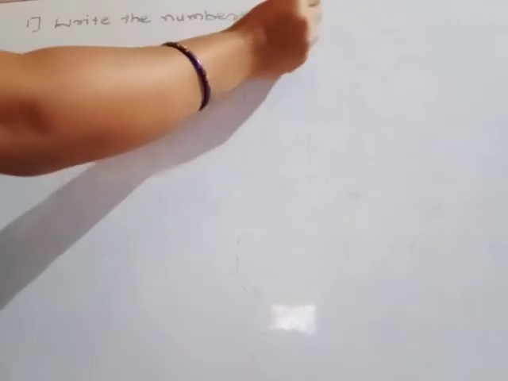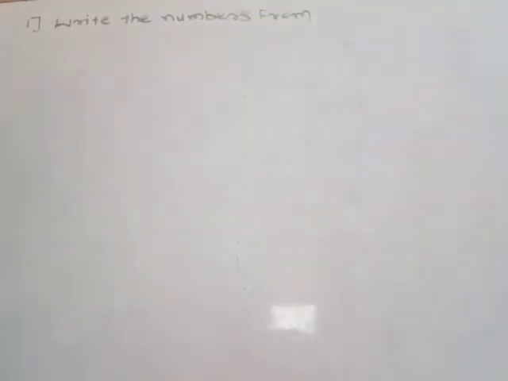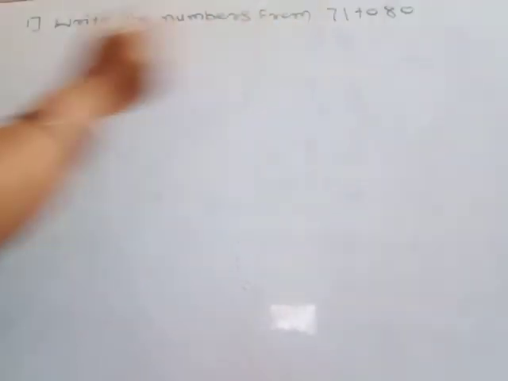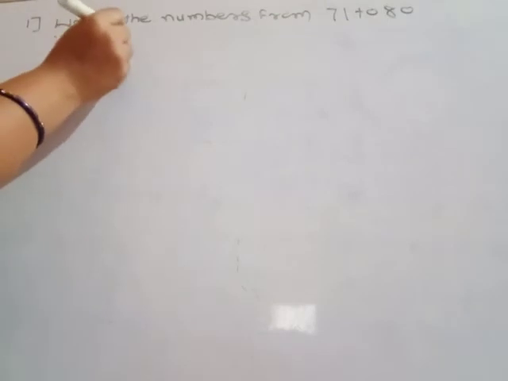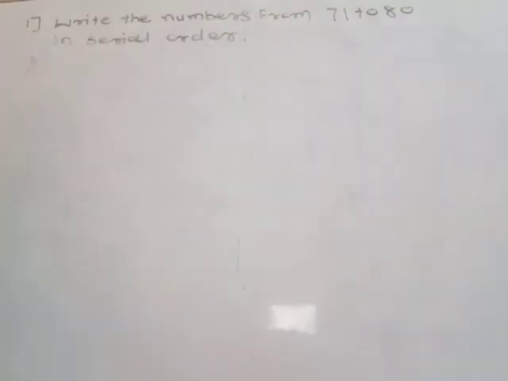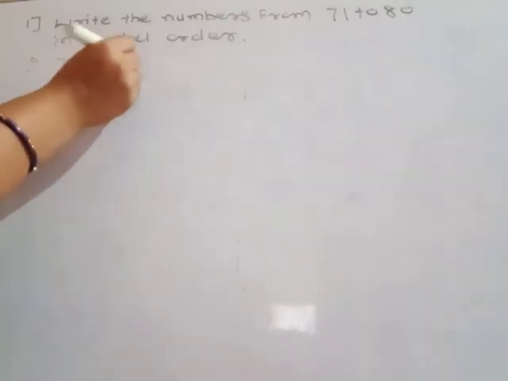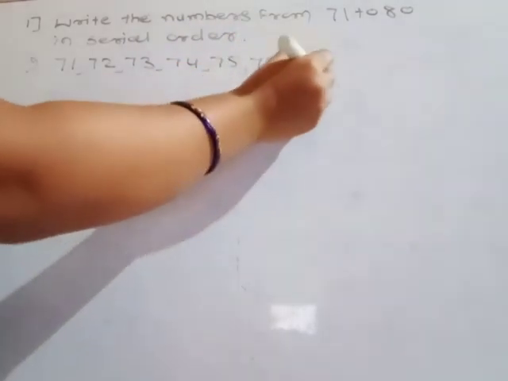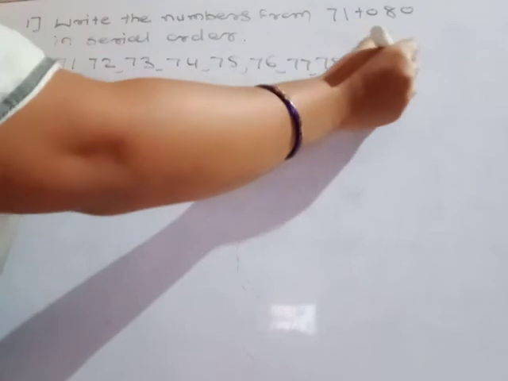In serial order means write all these numbers sequentially, in ascending order, from smallest to biggest one. Starts from 71, 72, 73, 74, 75, 76, 77, 78, 79 and 80.